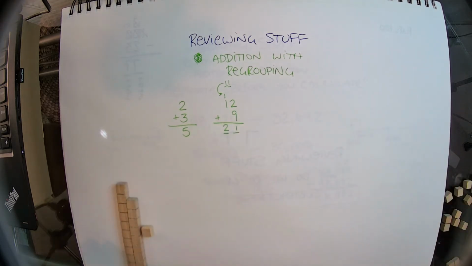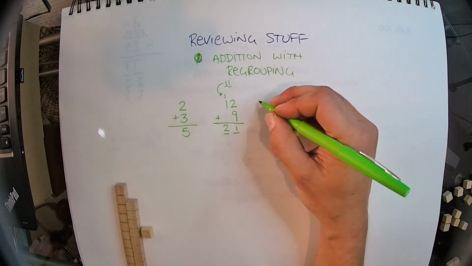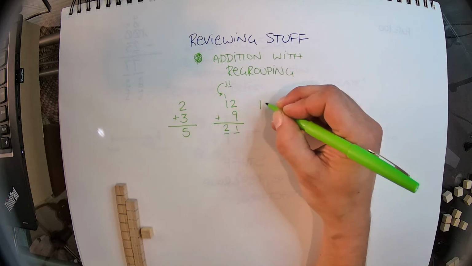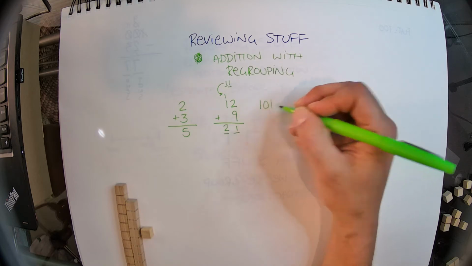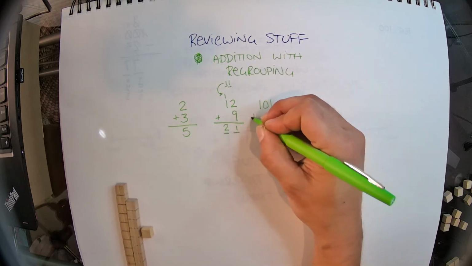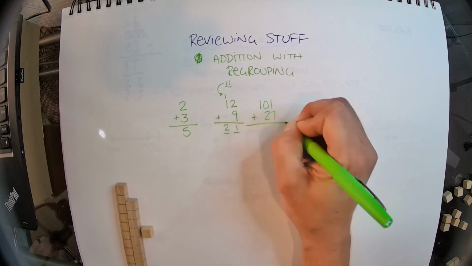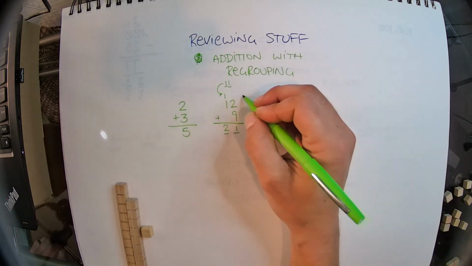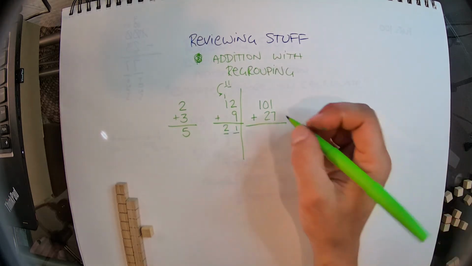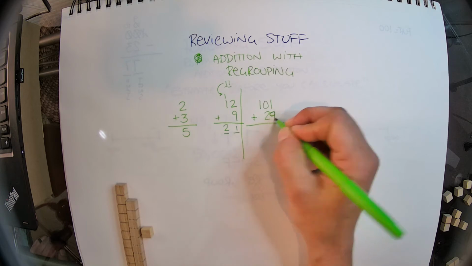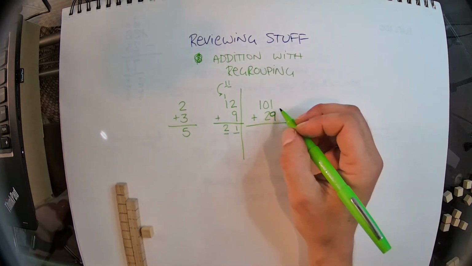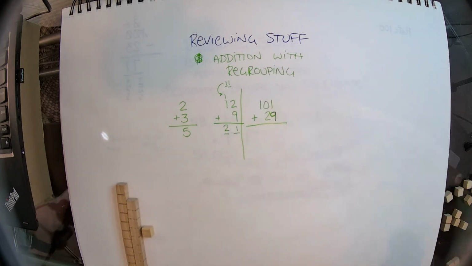And then you got a little bit older, and before you knew it, you were getting problems like, let's say, 101 plus 29. So now we have a whole new problem, right?